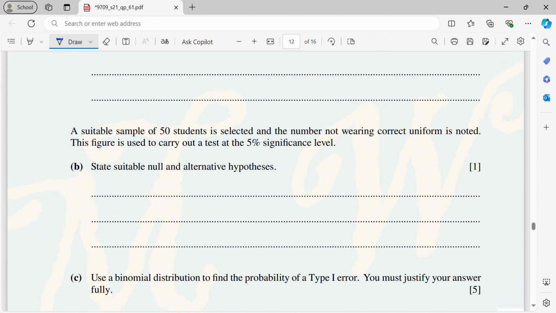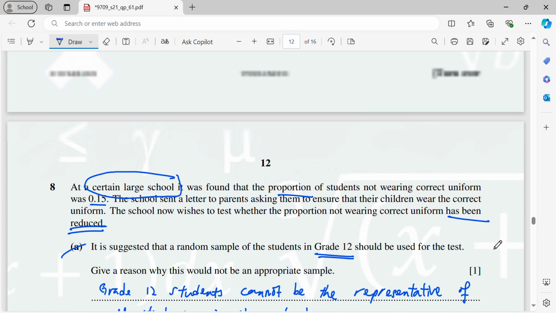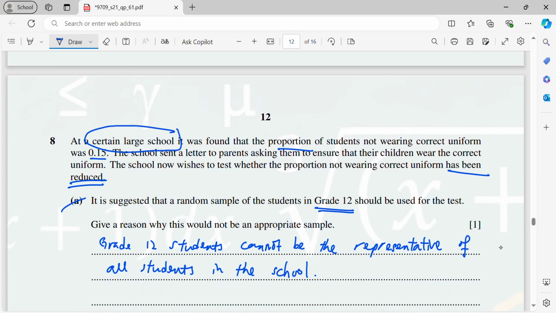Okay, now a suitable sample of 50 students is selected and the number not wearing correct uniform is noted. This figure is used to carry out a test at the 5% significance level. State the suitable null and alternative hypotheses. So when you look at the question here, we are interested to check whether the proportion has been reduced.